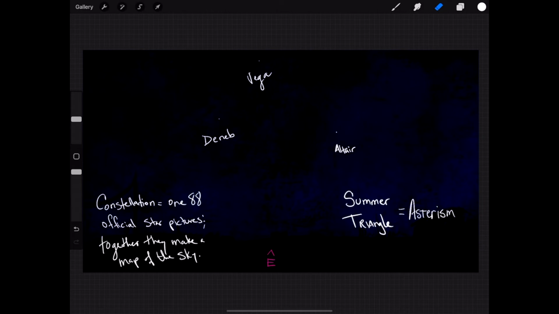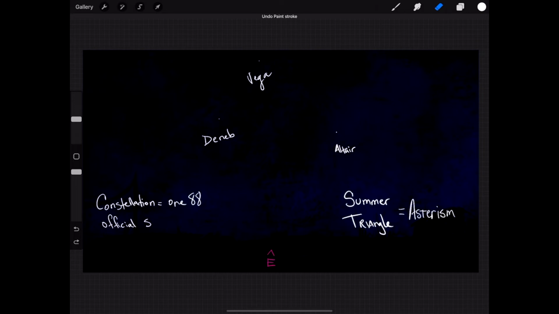Now, one of the neat things about asterisms is they can often help us find constellations. So let's see what constellations we can find here with Deneb, Altair, and Vega. So let's back up here and get rid of our text.